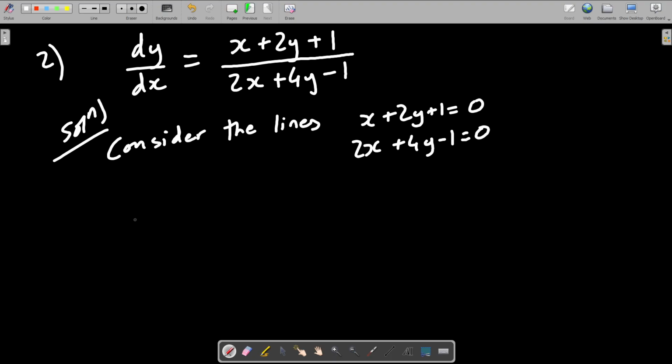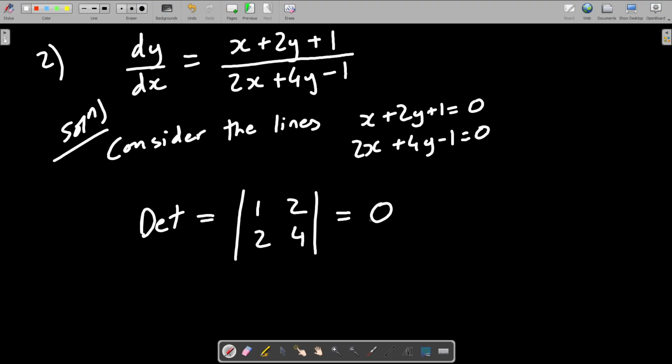Okay, so for these lines, I'll define the determinant with the coefficients involved over here. So the coefficient here is 1, here is 2, here is 2, here is 4. So what is the determinant value here? 0 it will turn out to be.